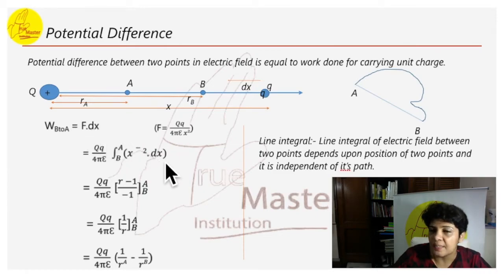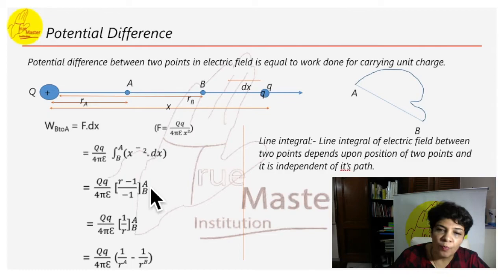Now when we substitute the limits A to B, remember the formula of how we solved this? x to the power minus 2 can be solved using the formula: integral of x^n equals x^(n+1) divided by n+1. We are going to use this normal integration formula many times. So we write r to the power minus 1 by minus 1.